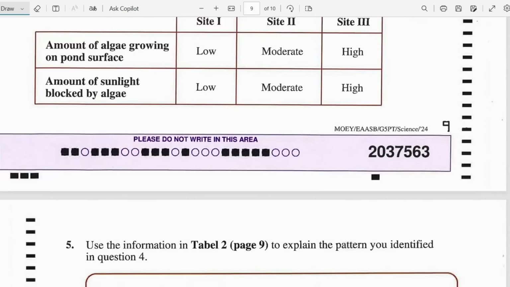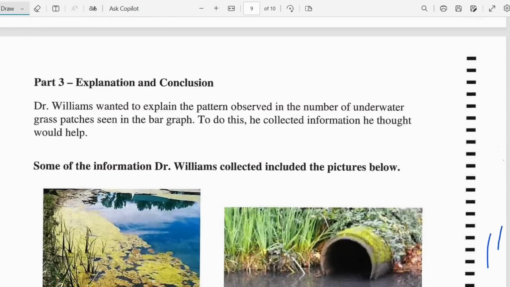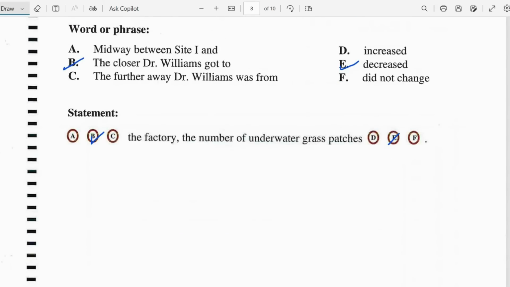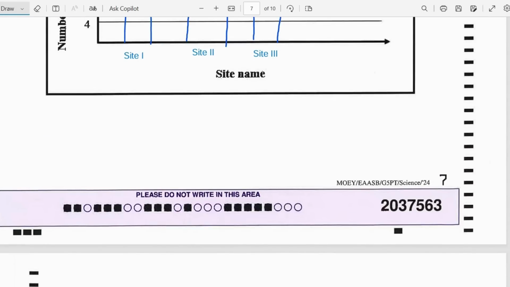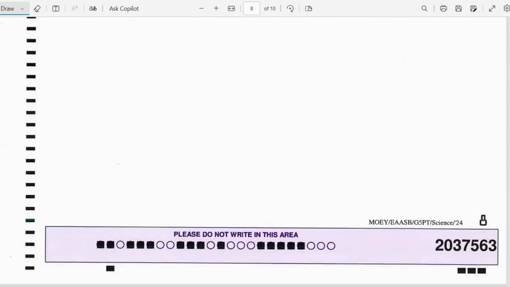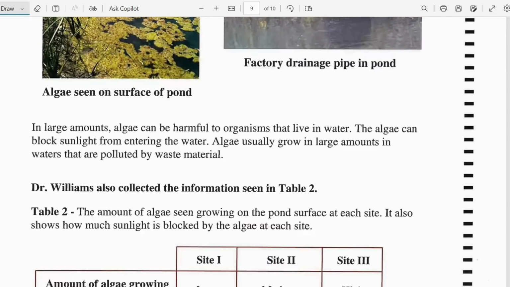So let's look at table 2 and question 4. So this is question 4, that the closer Dr. Williams got to the factory, the number of underwater grass patches decreased. And now let's look at the table.